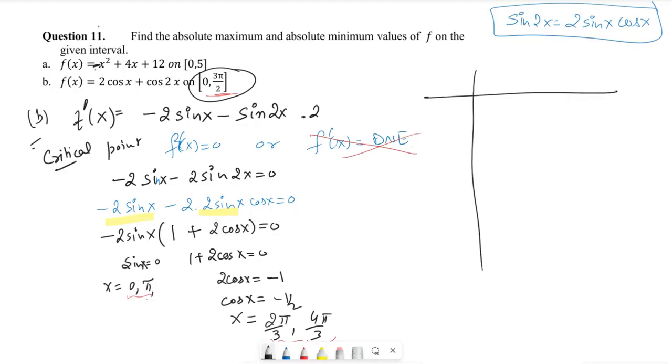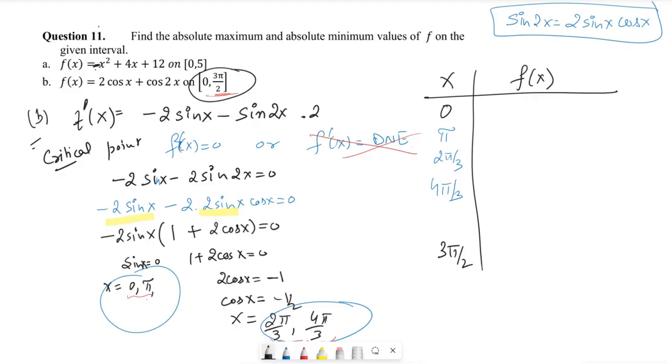You draw a table of values. The endpoints are 0 and 3 pi by 2, and critical points are pi, 2 pi by 3 and 4 pi by 3. At these values of x, you need to find function's value. So 2 cosine 0 plus cosine 2 times 0. Cosine 0 is 1. So 2 plus 1 equal to 3. 2 cosine pi plus cosine 2 pi.